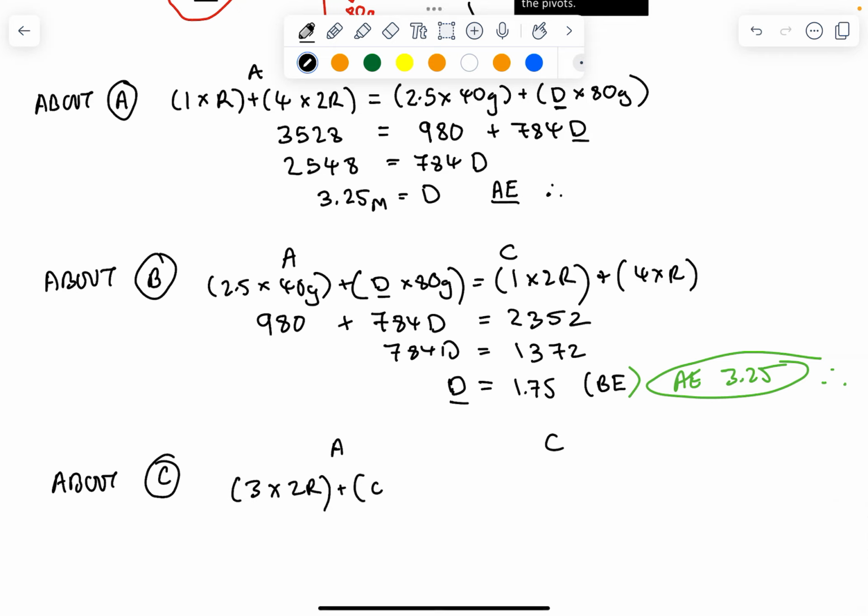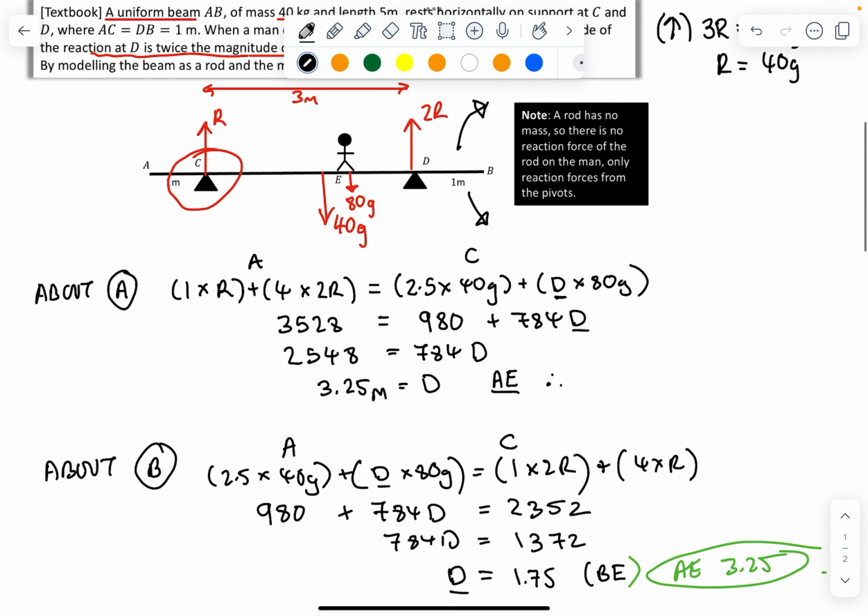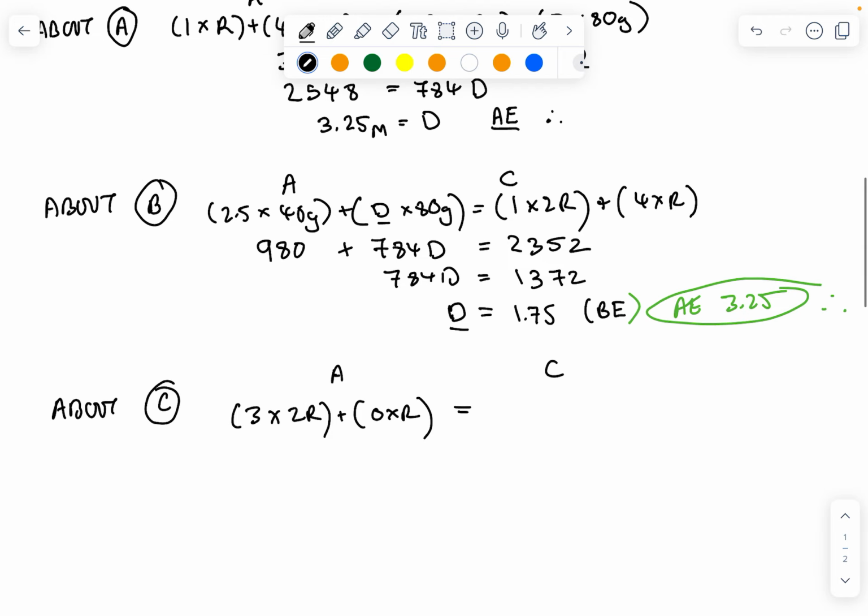I've now got 0 times R, because I'm working from C, and the distance from C to this reaction force is 0. Then I've got 1.5 times 40g, because that's in the center of the beam. And then I've got D, the distance I don't know, times 80g.